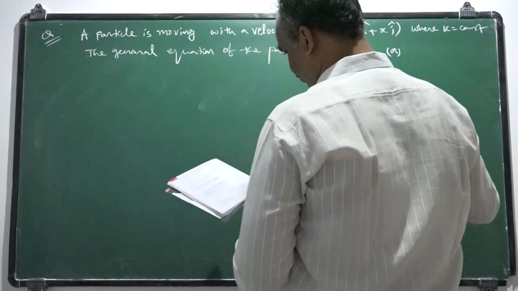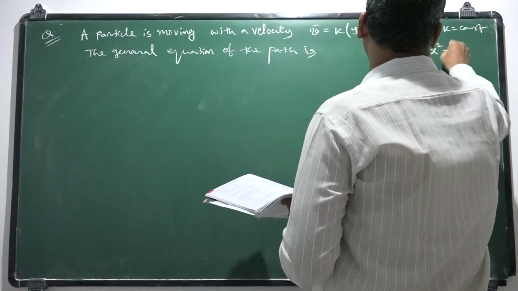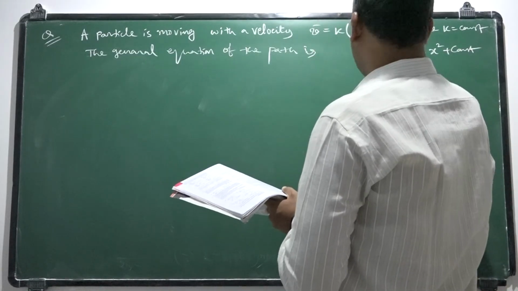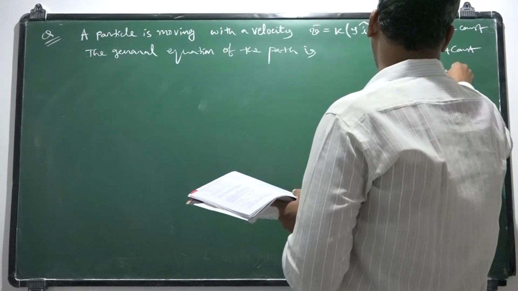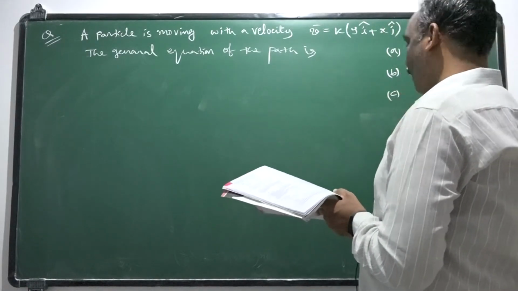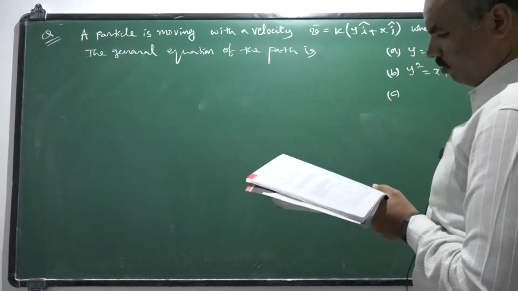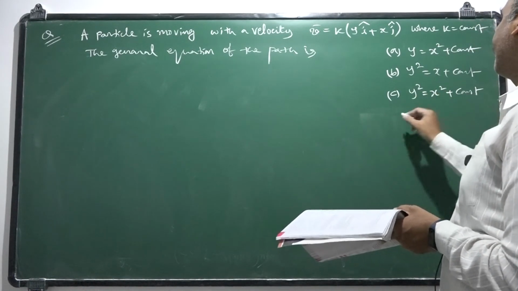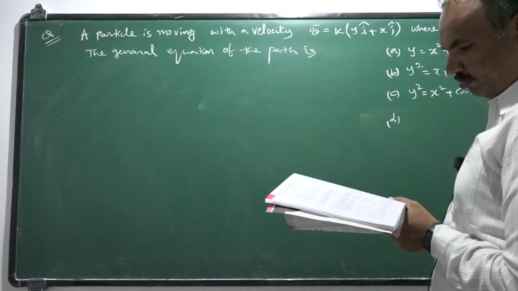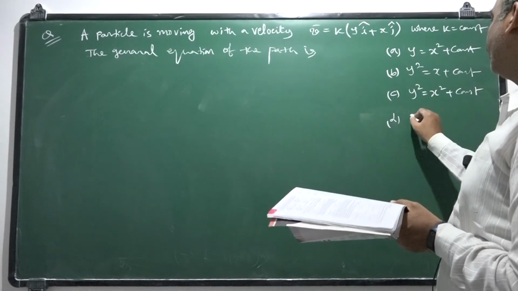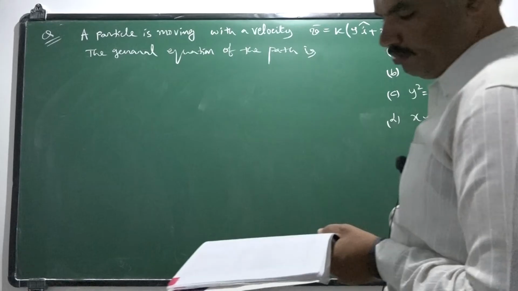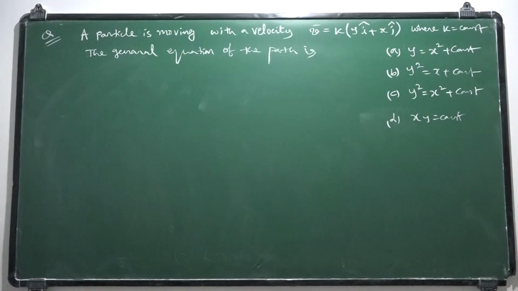First one is y is equal to x square plus constant. Second one, y square is equal to x plus constant. Third option, y square is equal to x square plus constant. Option D, xy is equal to constant. So these are the four options for the given question. We need to solve the problem.